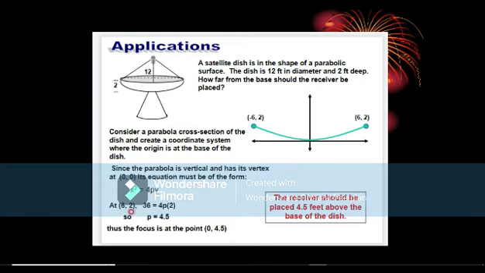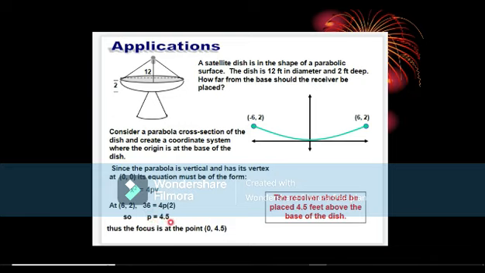So at 6, 2, if you substitute the value of x, this will be 6 squared, that's 36, is equal to 4p, and y is 2, so you have here 2. Then to solve for p, 36 is equal to 4p times 2, so 36 divided by 2 is 18. 18 divided by 4 is 4.5.